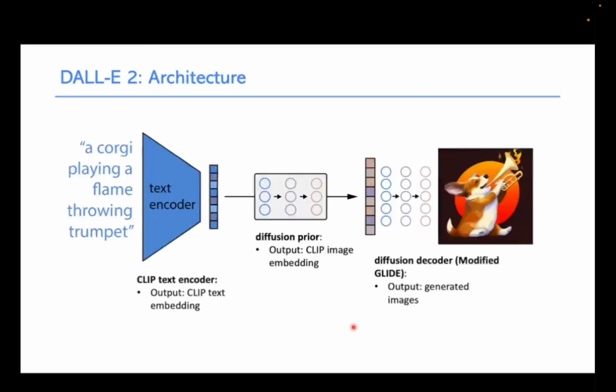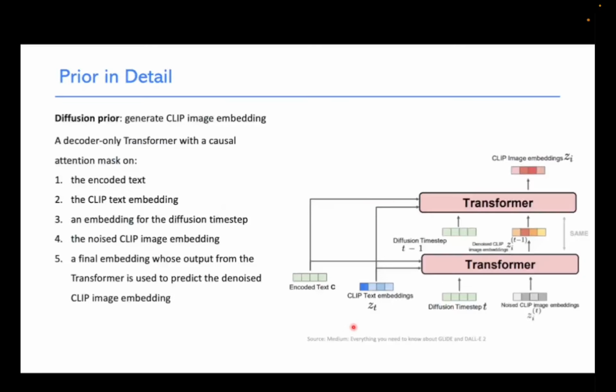So I think the encoded text has more raw data, more like the caption, but the text embedding you already transformed into the space that you trained. So the encoded text should have more original information. Cool.